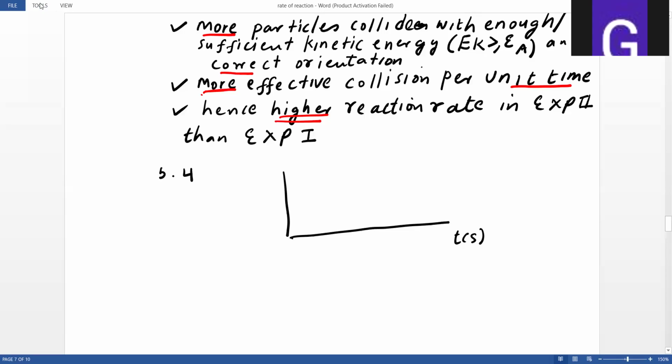So on the y-axis, we are actually given the number of moles. Initially it looks something like this, as I said earlier. The graph looks like this, but there's no need to draw it. I just want to explain something.